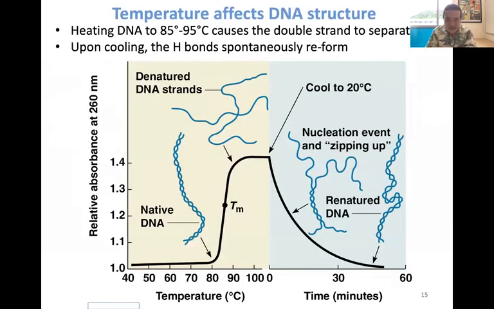So the last concept that I want to talk about today is going back to why the double helix structure of DNA is so important for providing mechanisms by which life can use DNA as an information storage molecule.